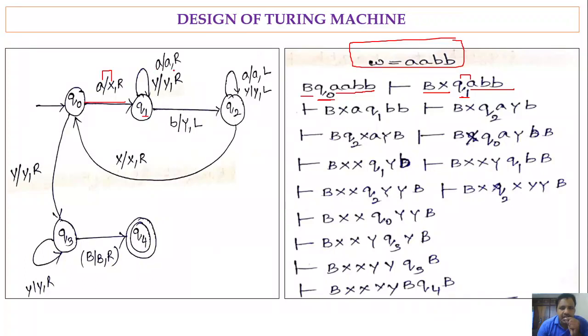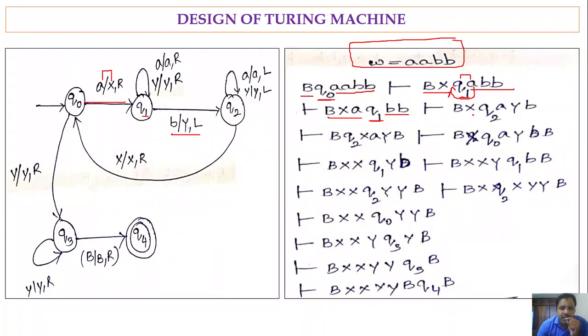Now in Q1 on A, keep that A as it is and move the head towards right, staying in state Q1. As we move the head towards right, this A will come before the state, so you get BXA, the state is the same Q1, and the next input to process is BB. Next in Q1, if we get B, replace that B with Y and move the head towards left.